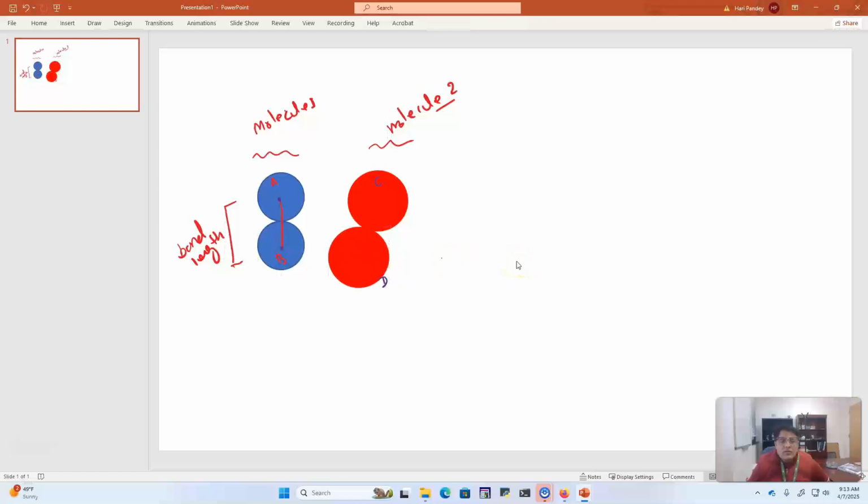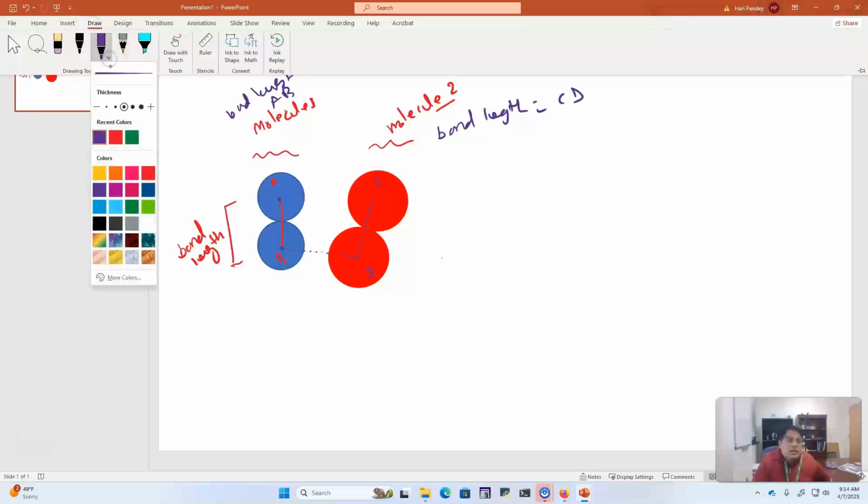The bond length of molecule 2 is equal to CD. The bond length of molecule 1 is AB. Now the distance between the centers of these two is also one distance, right?